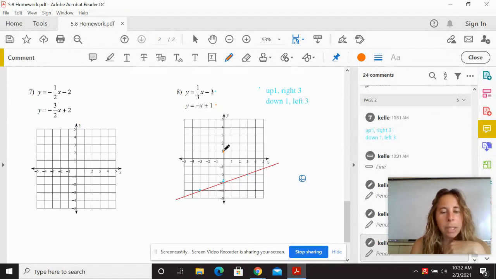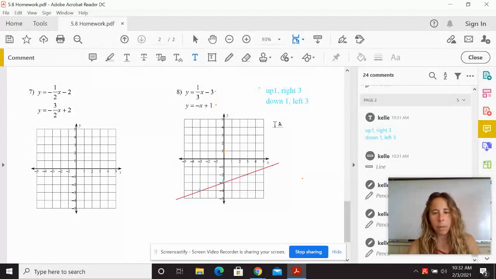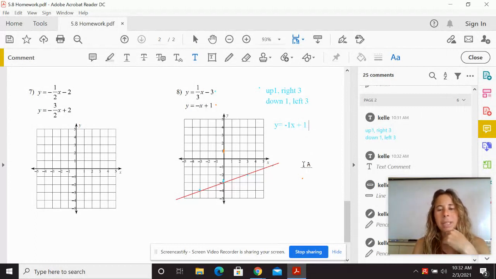And then my slope: there's no number in front of the x, but there's a negative sign. That means y equals negative 1x plus 1. There's an invisible 1 there. So your slope is negative 1, which means negative 1 over 1.